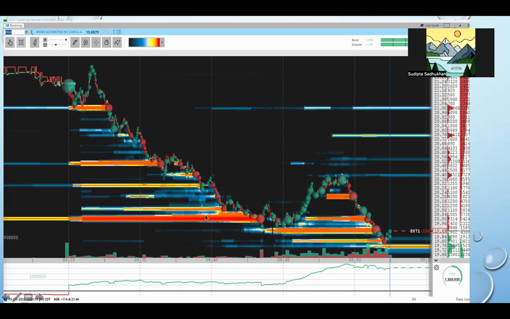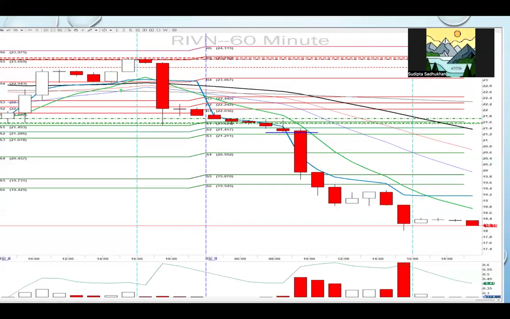From the Bookmap we can see the levels where we can book profit. Like here, we can go with the large market participants at this number, 2052, where we can book some profit. These define where we can book profit, and we can see whether our setup is in line with the large market participants or not.